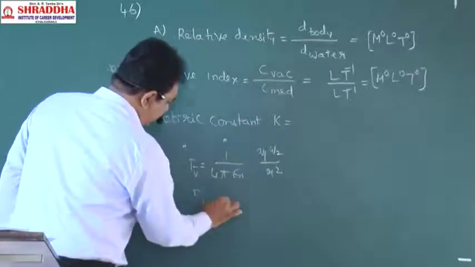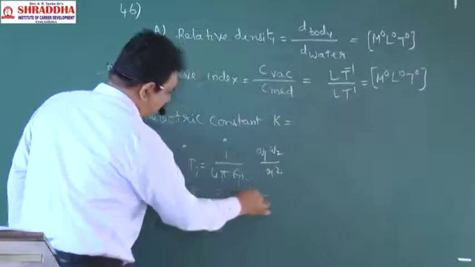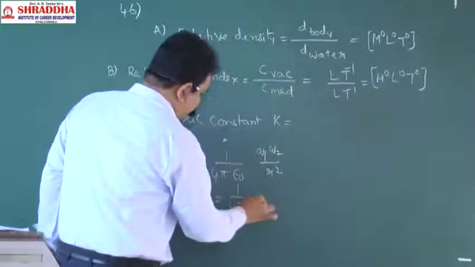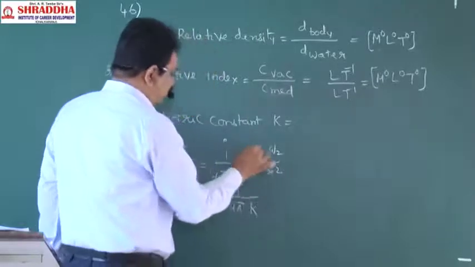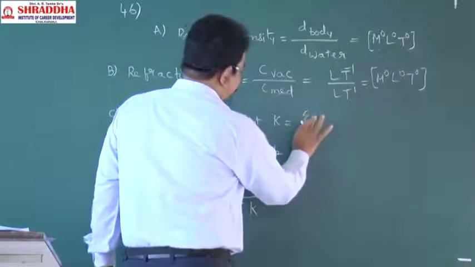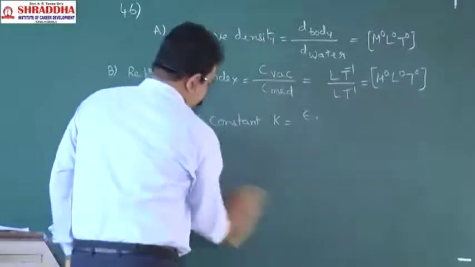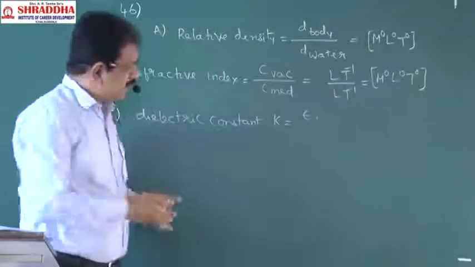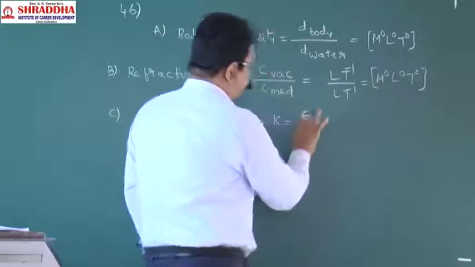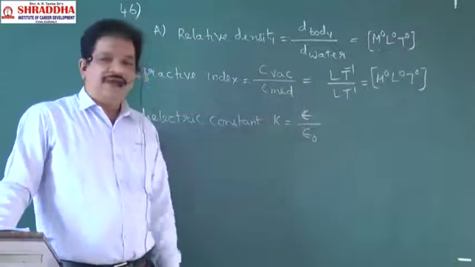In the medium, it is 1 by 4 pi epsilon, meaning K into that. So K is equal to epsilon by epsilon naught, permittivity of medium by permittivity of vacuum.